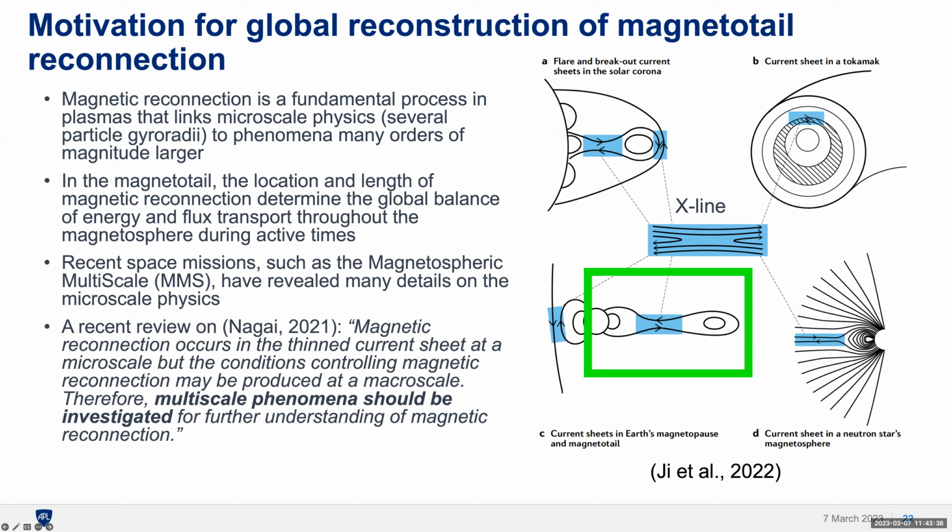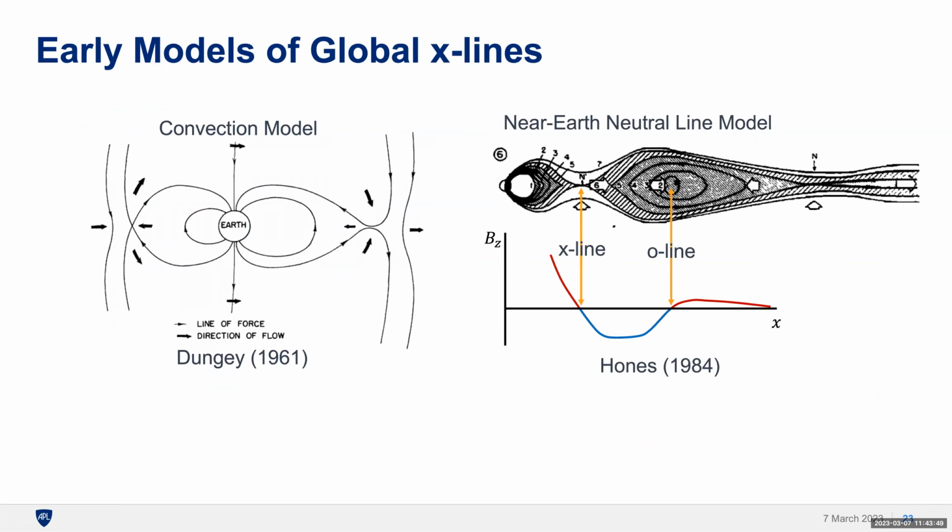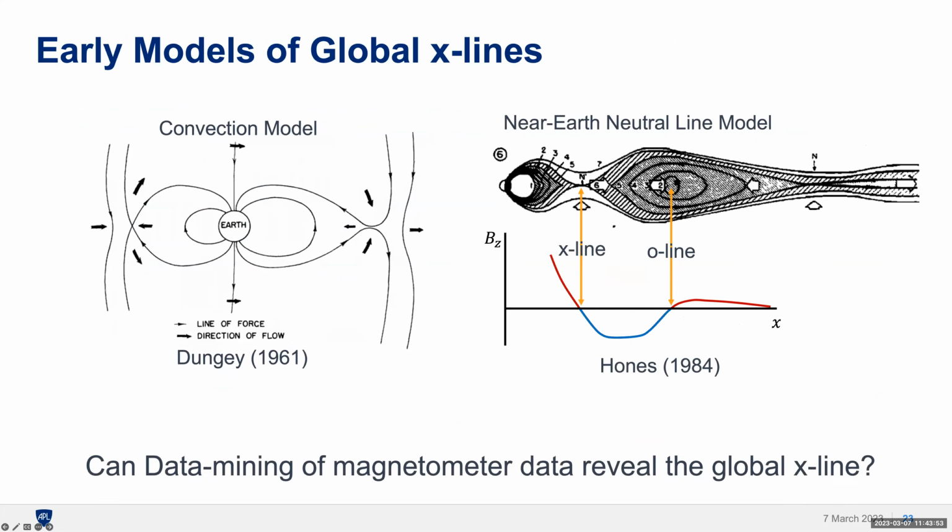So like I said before, we had these hints of X-line formation, but we weren't really sure how well we were resolving this. So here's some of the early models of global X-lines. It really dates all the way back to the dawn of the space era, to the Dungey convection cycle. This was thought to be a more or less continuous process here.